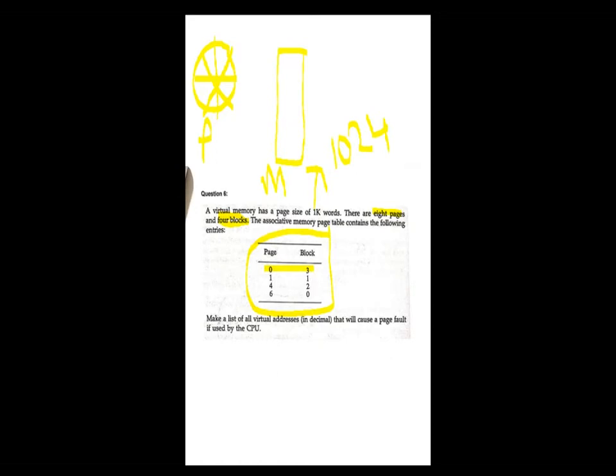Now, let us understand. You have this memory. Okay. Now, in this memory, you will have the page number and the frame. This is page, and this is frame. Now it will be written here as page 0.